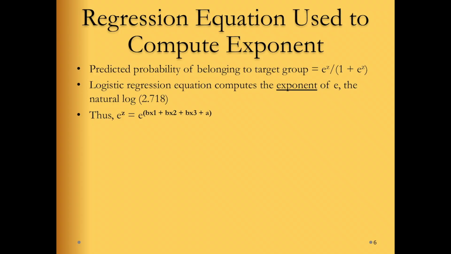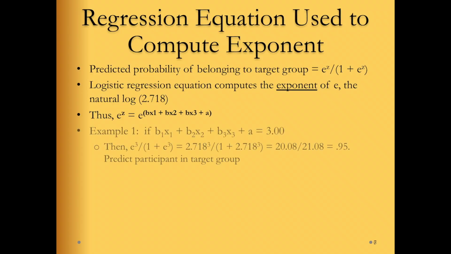That probability is judged against the cutoff 0.5. If a participant scores 0.5 or above, they are predicted to be in the target group on the dependent variable, and if the individual scores below 0.5, they are predicted to be in the reference group on the dependent variable.